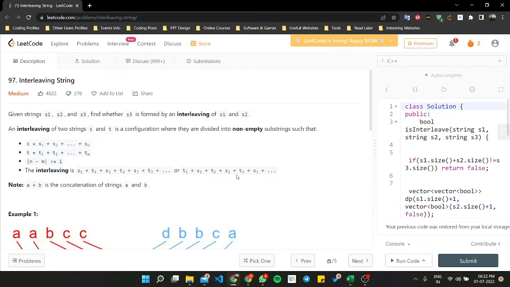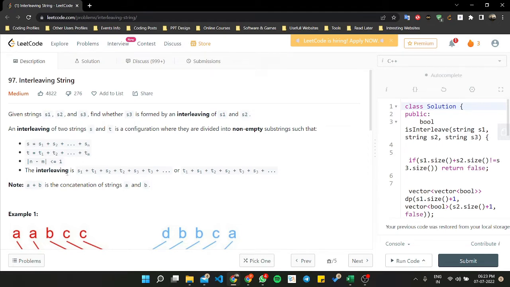Interleaving of two strings means, for example, S is split into S1, S2, up to Sn parts, and another string T is also split into some parts. Now we want to check whether the given two strings form the third string.